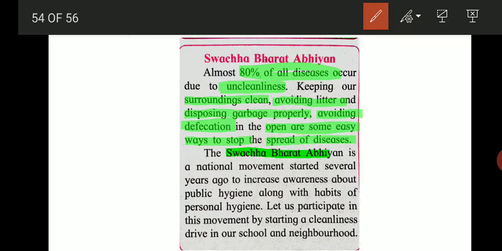The Swachh Bharat Abhiyan is a national movement started several years ago to increase awareness about public hygiene along with habits of personal hygiene. Let us participate in this movement by starting a cleanliness drive in our school and neighborhood.